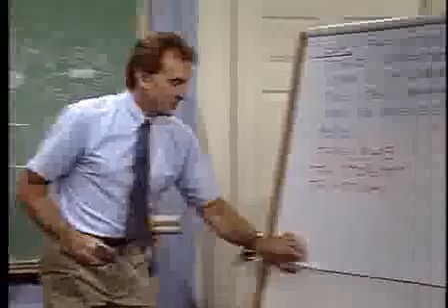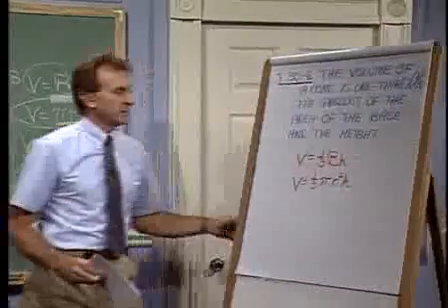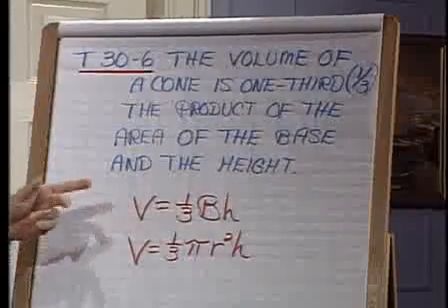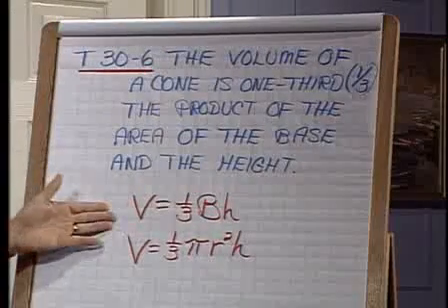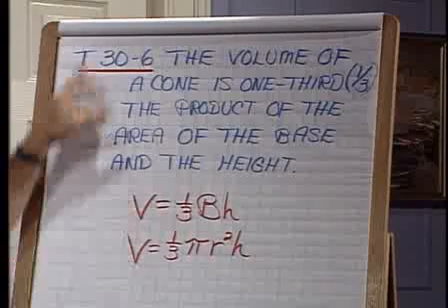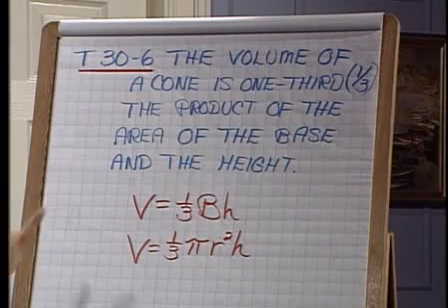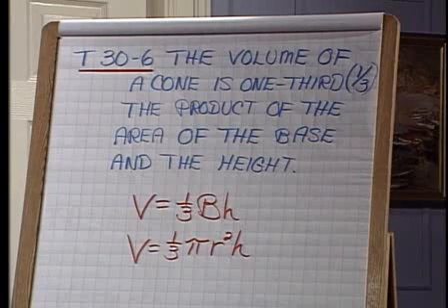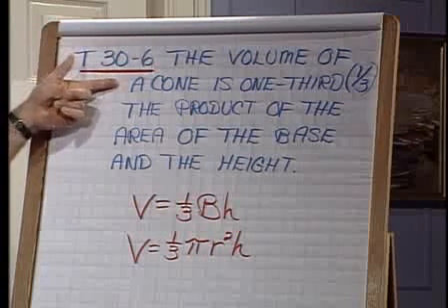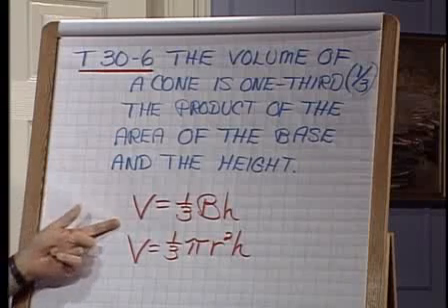The volume of a cone is given by this formula. It's the very same formula as the volume of a pyramid. A cone is like a pyramid, only it has a circular base instead of a regular polygon type base. The volume of a cone is 1/3 the product of the area of the base and the height.